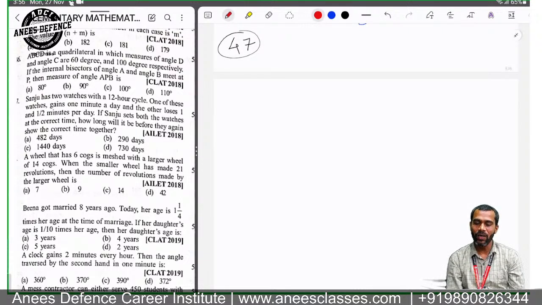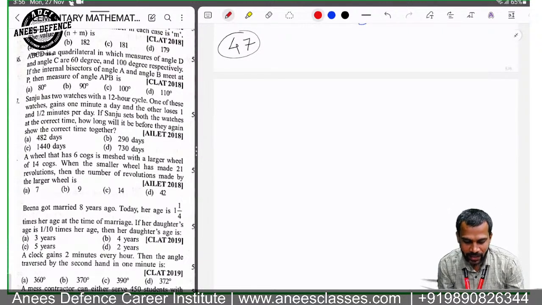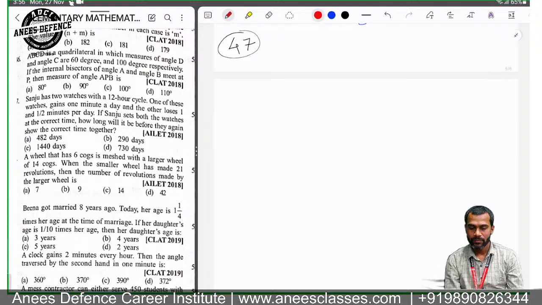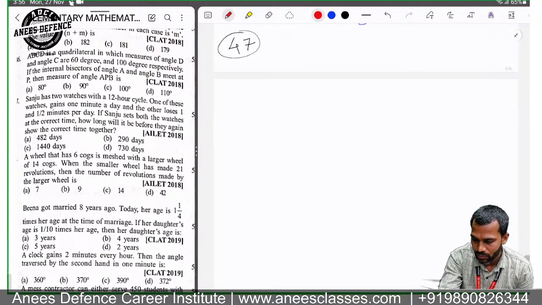Sanju has two watches. One is lagging and one is faster, one is slower. So watch 1 and watch 2.